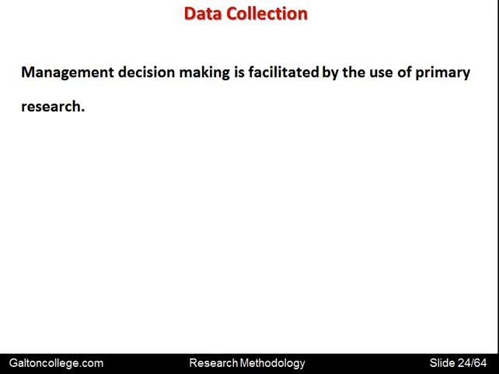Okay, so data collection. The management decision making is facilitated by the use of primary research. Management needs to have good information about its product, let's say if it's a company, about its product, its production, its perception in the marketplace.